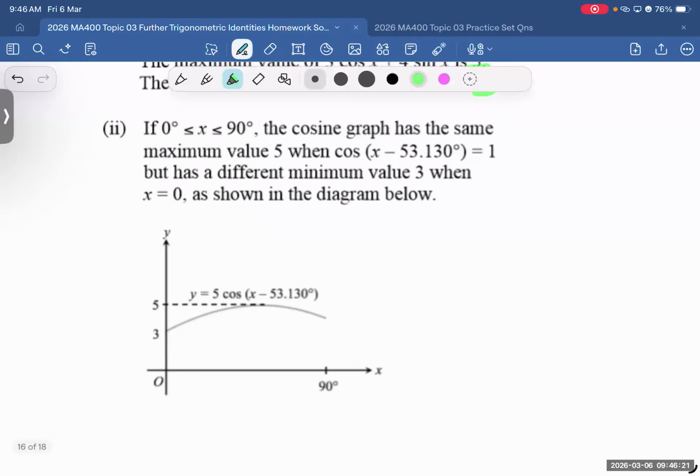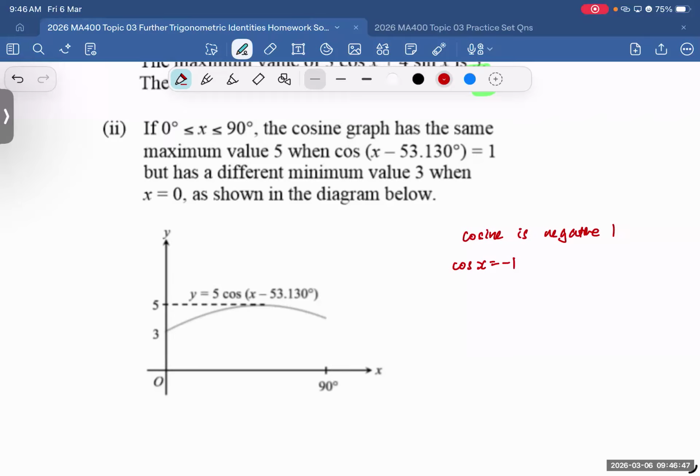When is cosine negative? Basically, when cosine x equals -1, remember where x will be? What will x be? Anyone? Show the graph.